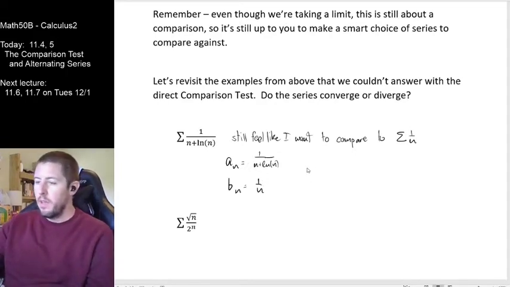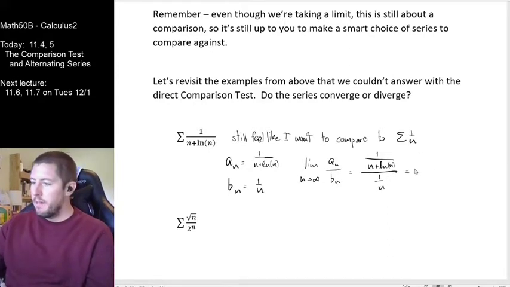Okay, let's do it. So we're going to do our limit as n goes to infinity of a sub n over b sub n. That's going to give me 1 over n plus ln of n over 1 over n. By flipping my bottom fraction up top, this is going to be, oh, I forgot my limit statement right here.